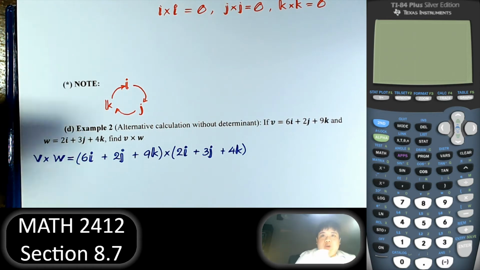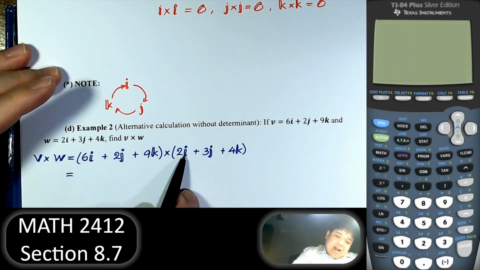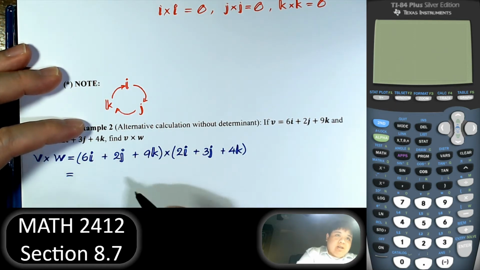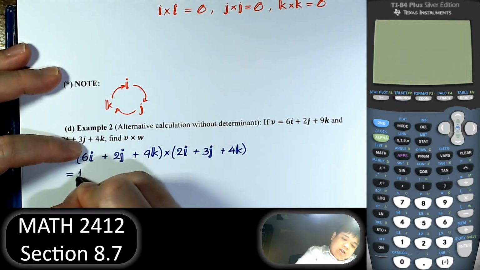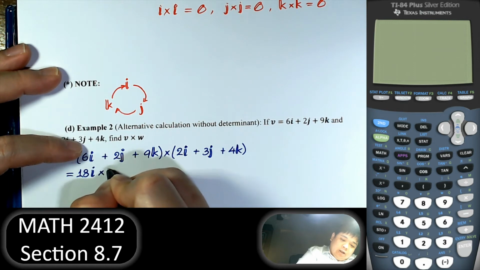Now I will multiply it out, 6i and 2i. So I multiply the numbers and then cross the vector. So 6 times 2, that's 12 i cross i.